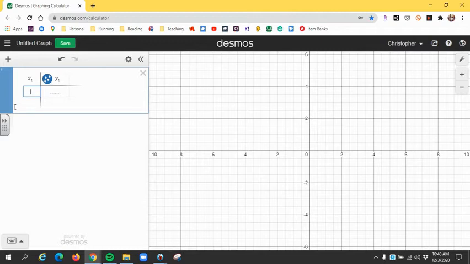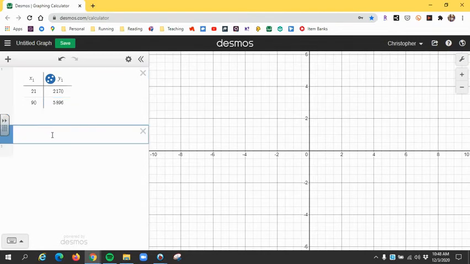All right, so when you have 21 in your first column, it matches up with 2170 in your second column. And then 90 matches up with 5896. Go down to your second line, and you're going to do slope-intercept form, y equals mx plus b, except you're going to change things a little bit. You want to be able to tell the computer to use the y1s.